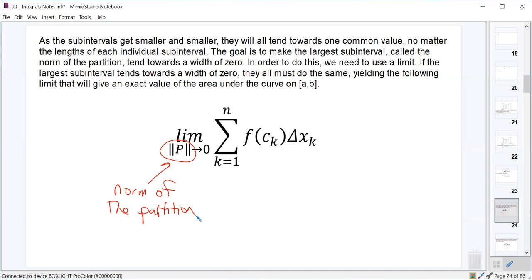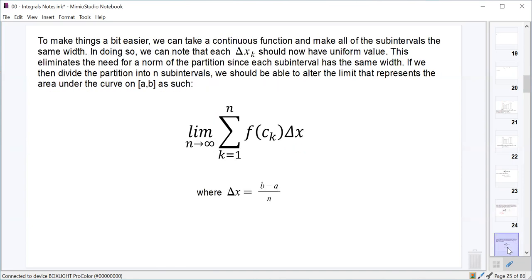And if we do that, saying that each of the subintervals have the same width to them, that means our delta x sub k value is no longer going to need that sub k on it. It's just going to be the width of each of the subintervals. And so that's what we're going to do here, is change that limit from a norm of the partition to being a limit as n, which is the number of subintervals, approaches infinity of our sum of f of c sub k times delta x.